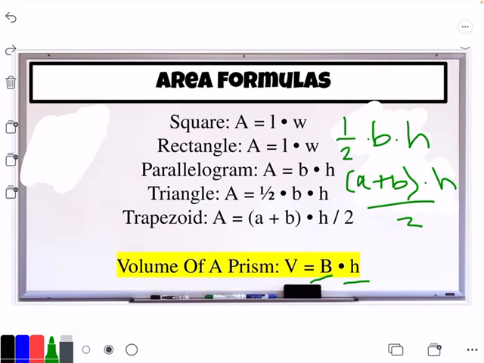But that capital B specifically means the area of one 2D shape times the height. So this is the area of one 2D shape times the regular height.